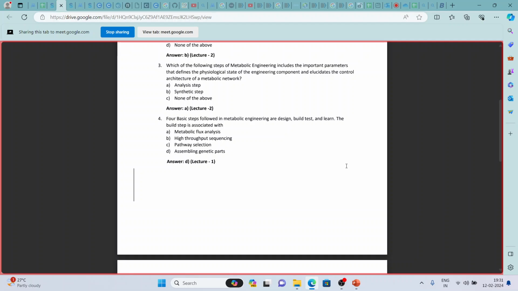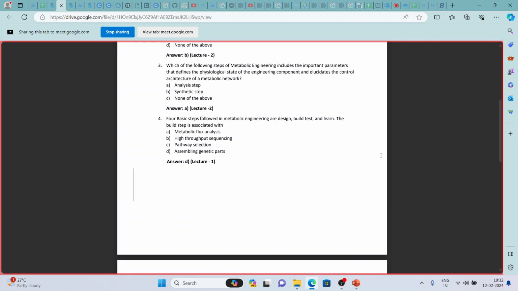So here, design means we try to analyze pathways or proteins involved in the pathways and try to make modifications that might help us. So this is mostly done prior to actually working with the components.